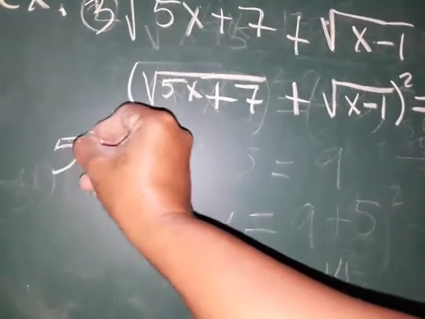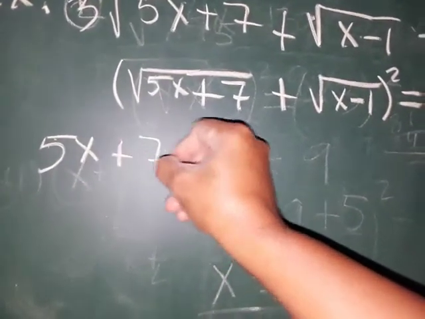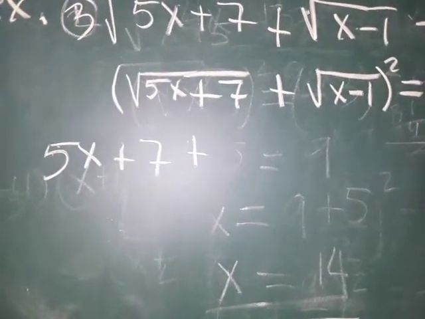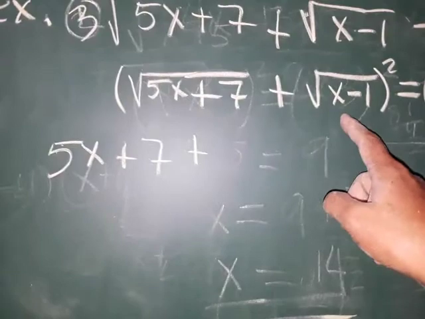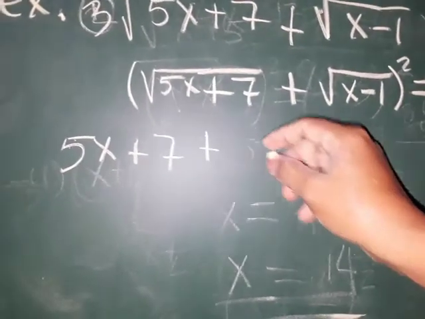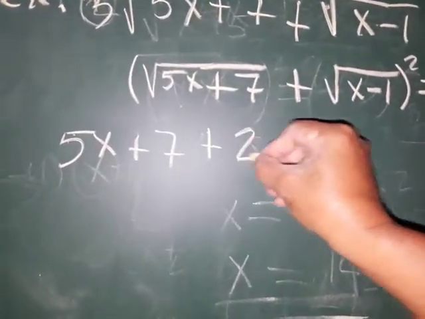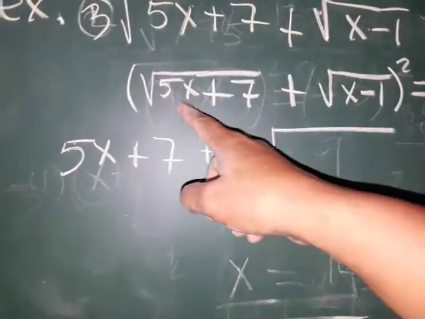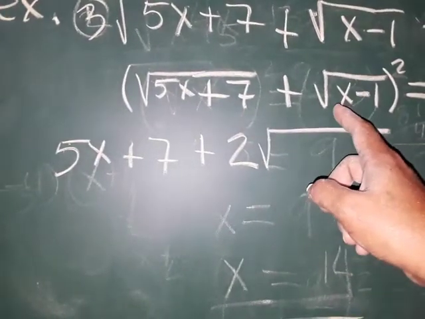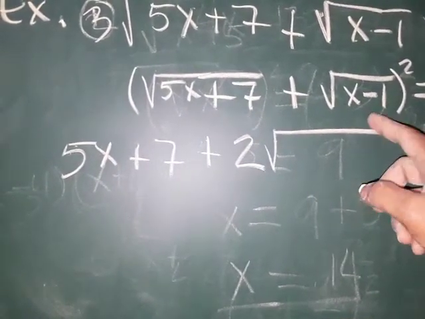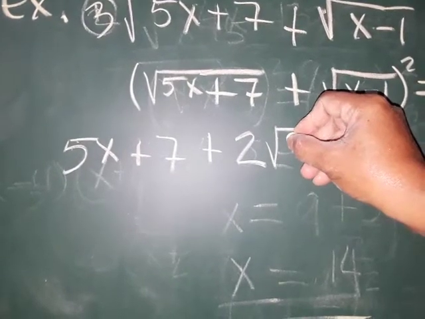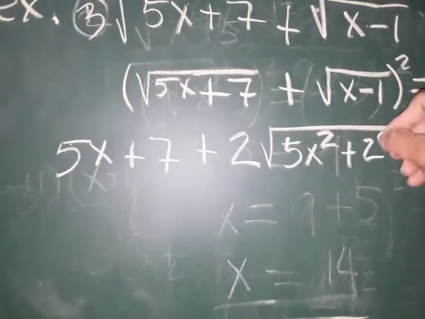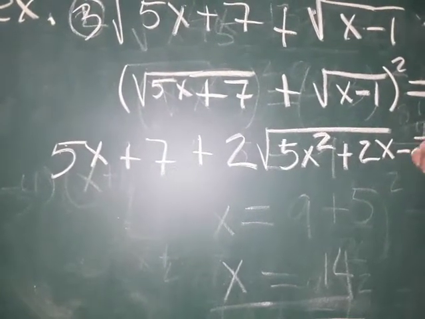So we have 5x plus 7 plus twice the product of the first term and the second term. So 2 times the product of the first term and the second term, by FOIL, 5x plus 7 times x minus 1. We have 5x squared plus 2x minus 7.